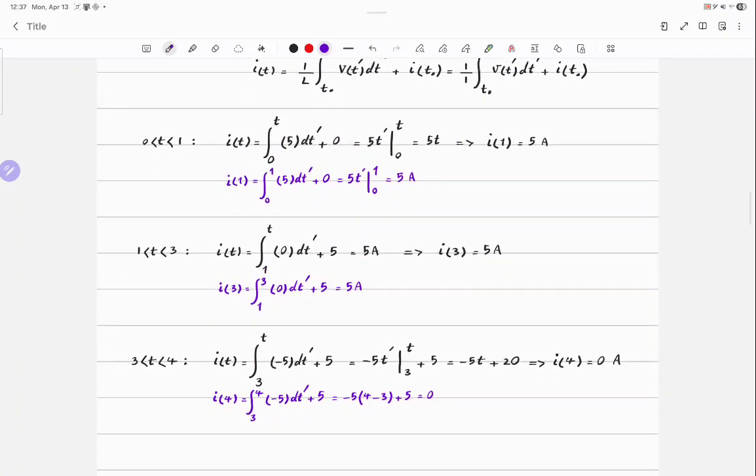The first one is 5t, an increasing line with a positive slope. The second one is constant, 5. And the third one is negative 5t plus 20, with a negative slope, okay? So most of the time the purple ones work, but if there are curves involved, then they probably won't.